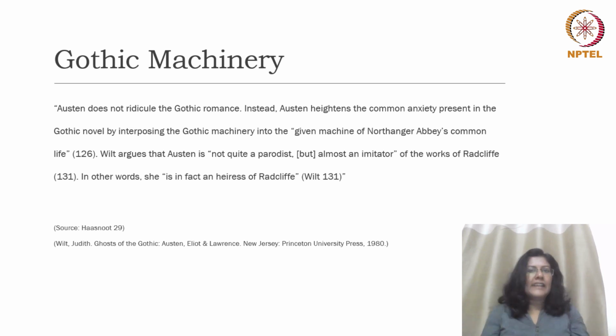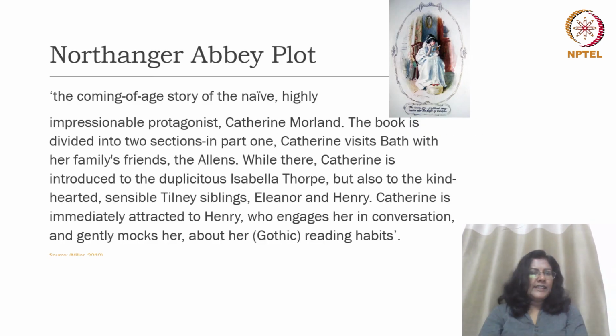There's an anxiety for her to belong to the society in which she is present. There's an anxiety for her to understand the workings of Northanger Abbey. There's an anxiety on her part to make sure that Henry Tilney, the son, falls in love with her. Now let's look at the nature of the plot of Northanger Abbey.